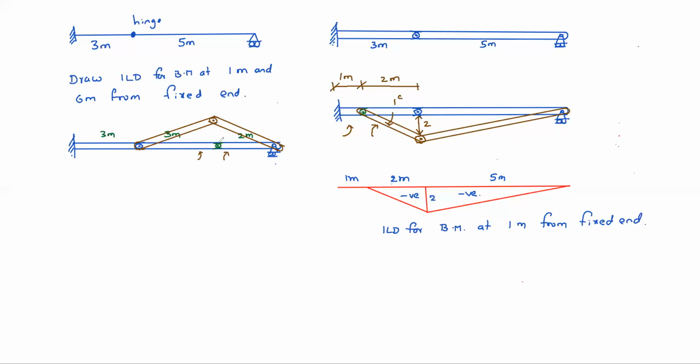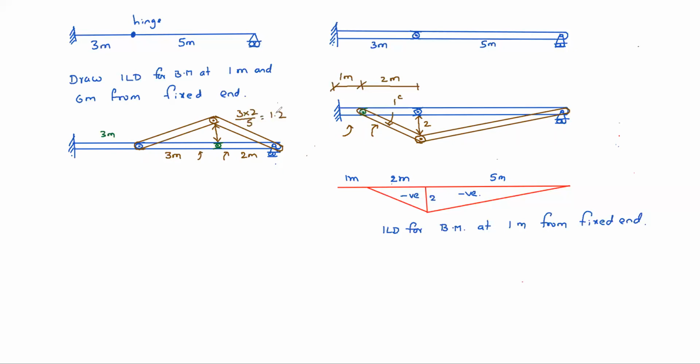Okay. You know, these spans are 3 and 2. 3 meter, 2 meter. Okay, the central height will be AB by L. This one, height is here, AB by L. 3 into 2 by 5, 6 by 5, 1.2 units.